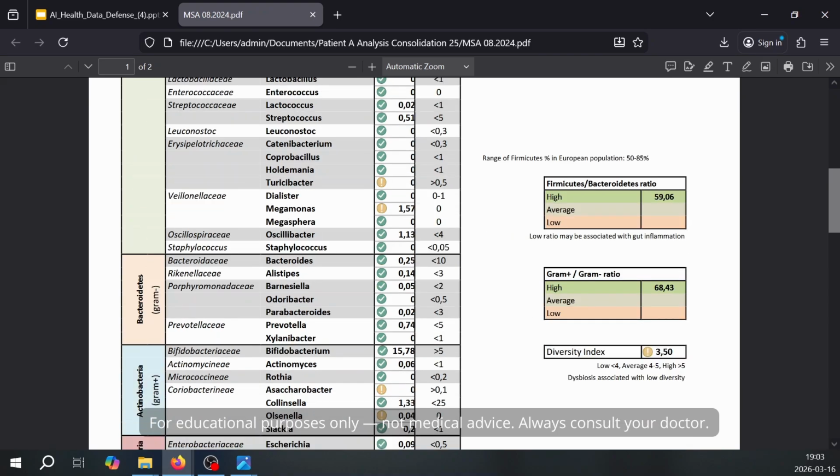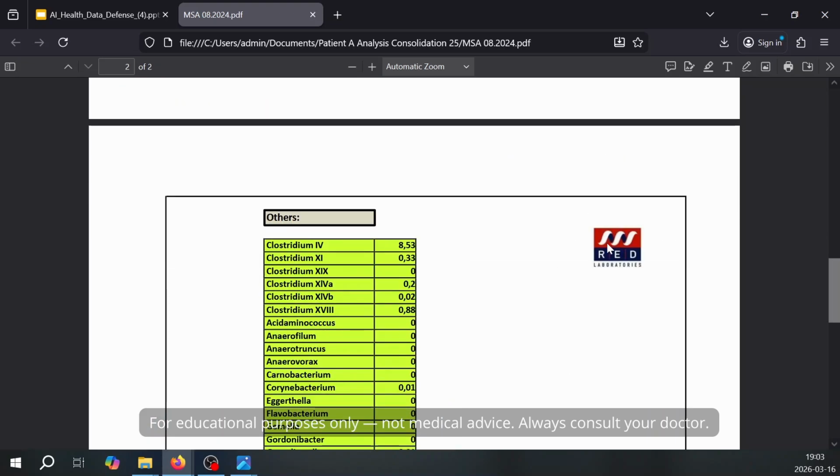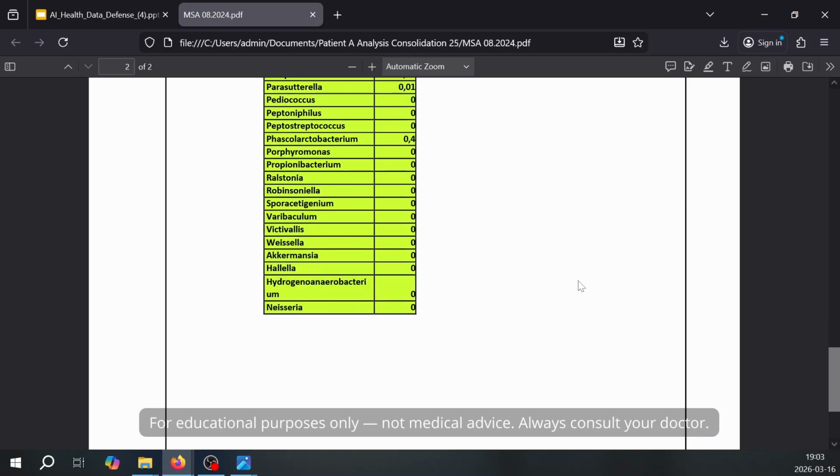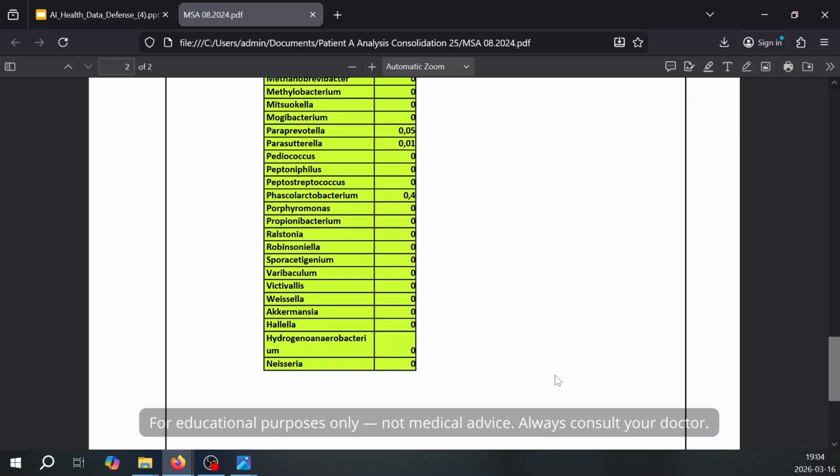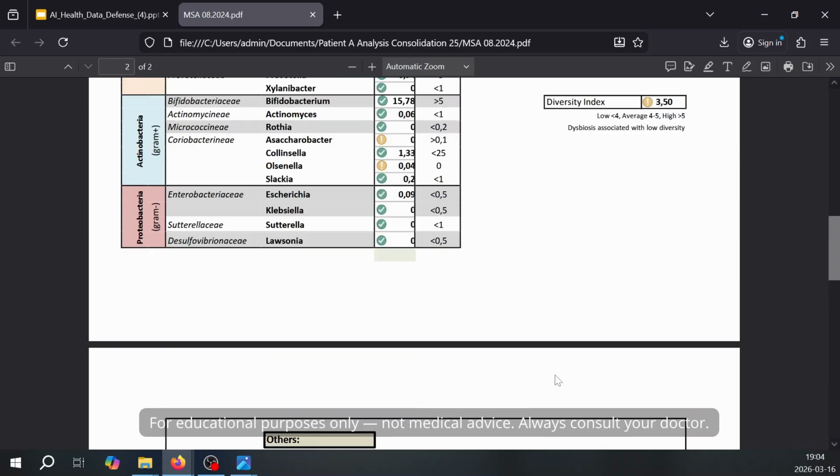I kept all the information about the medical records. Here I could have removed the logo of the lab, but at the bottom was actually the signature of the doctor who approved the test, and all of those have been removed.